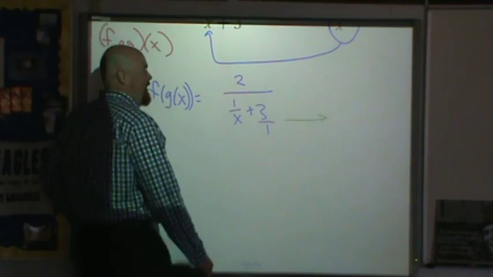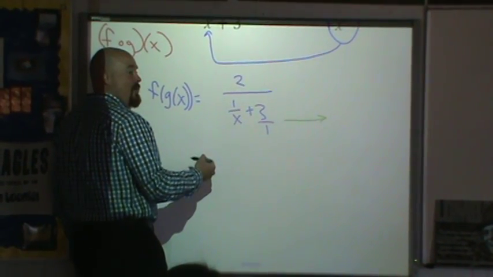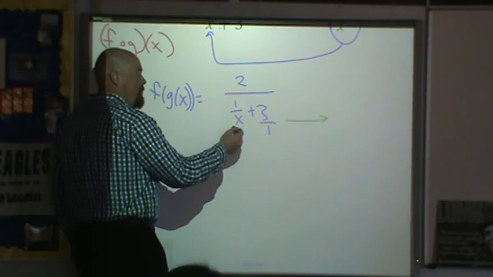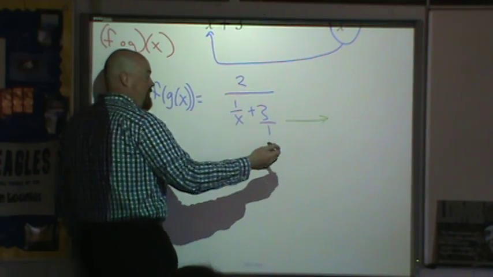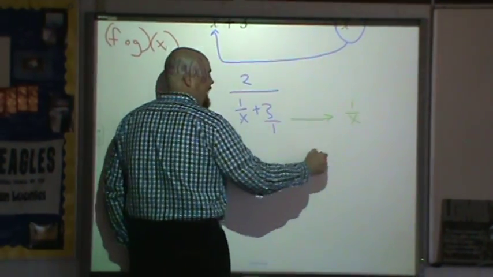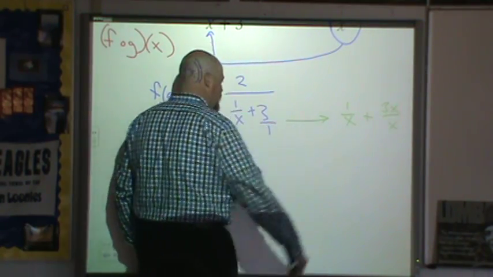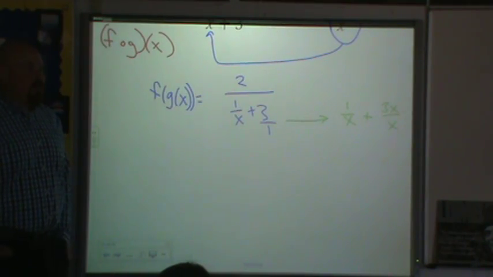So if we have 1 over x plus 3 over 1, and we want to combine these, we need a common denominator. The fastest way to get a common denominator is to multiply the denominators. If I multiply x times 1, the denominator is x. So we have 1 over x plus 3x over x. Questions?